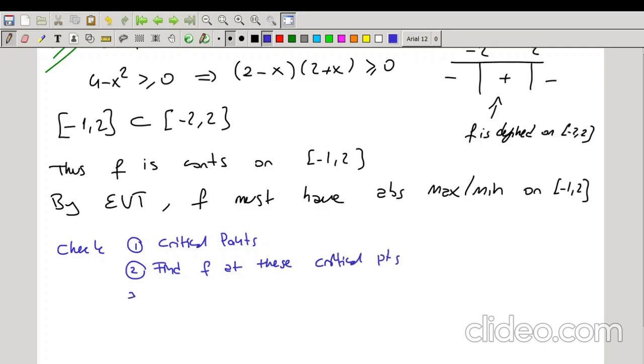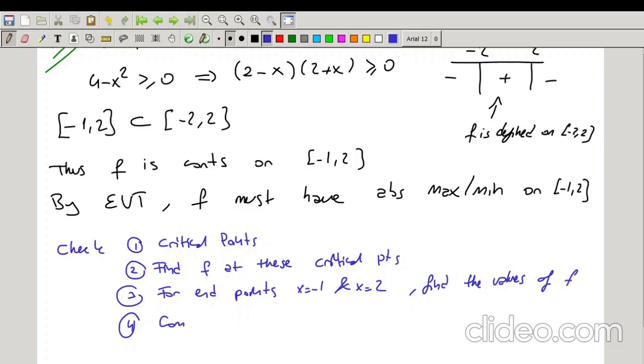Then the third case, for endpoints. What are the endpoints? We have x is -1 and x is 2. Find the values of f of -1 and f of 2.